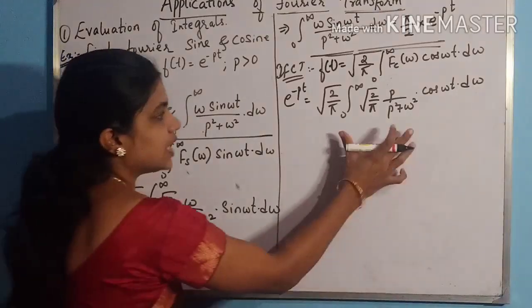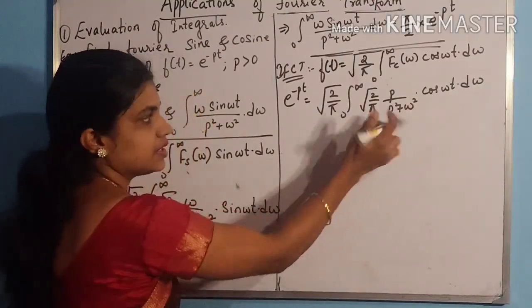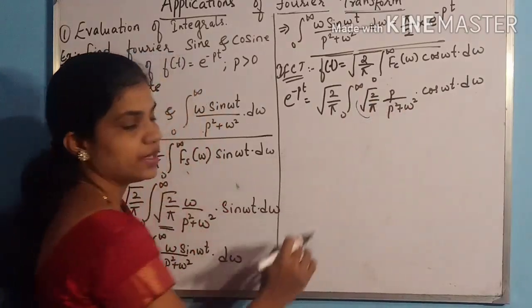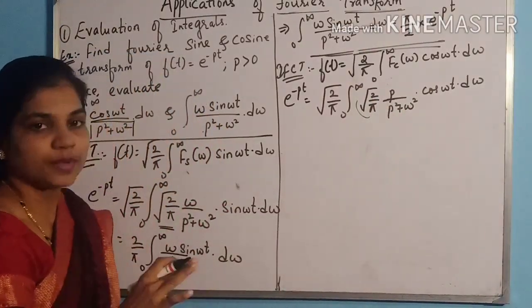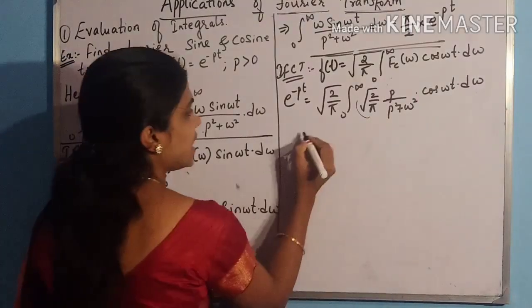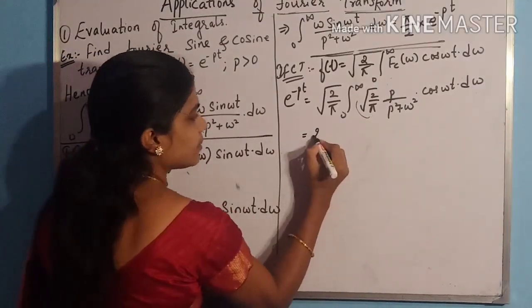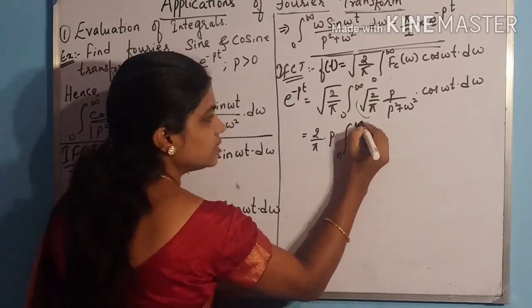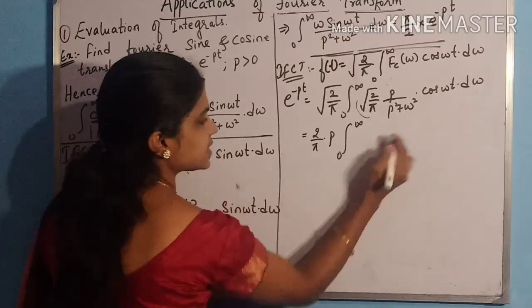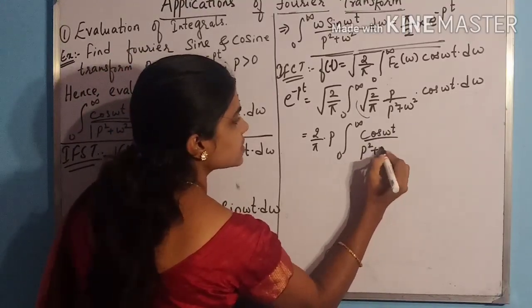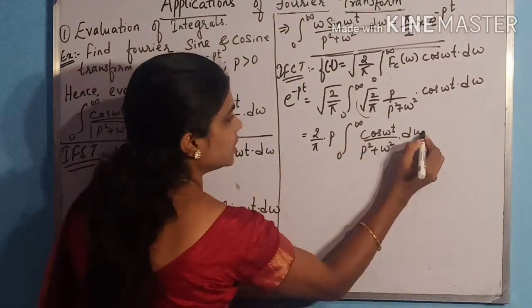So now if I look at the integral, apart from root 2 by pi, I also have a p which is free from omega. That is, I can take it out as a constant. So that means 2 by pi into p, integral 0 to infinity, and here what is left is cos omega t by p square plus omega square into d omega.